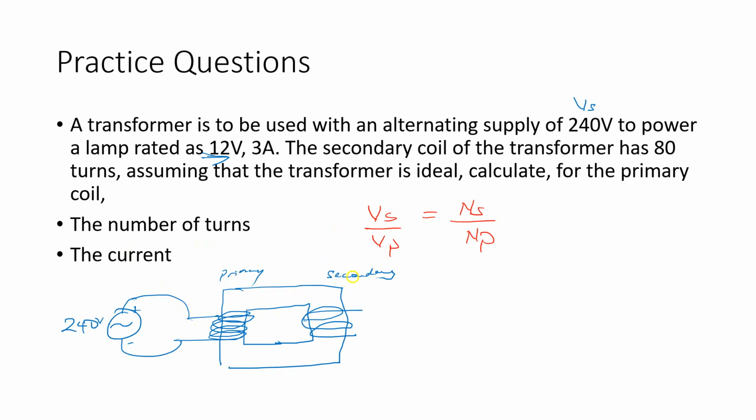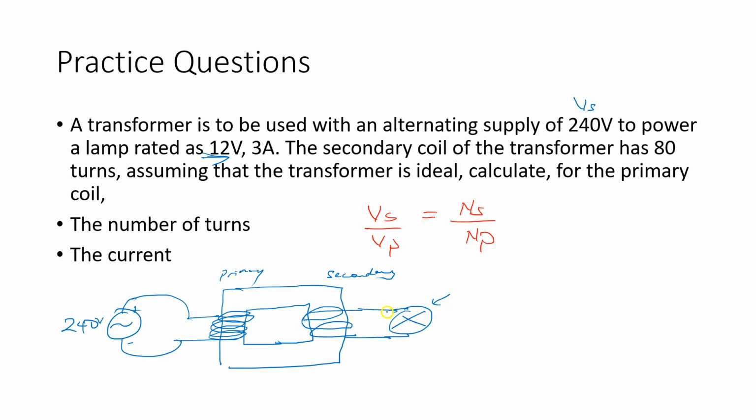It told us already that it's an ideal transformer. So this is the lamp that you want to turn on. By the way, this is the symbol for a light bulb, so just be mindful of that.